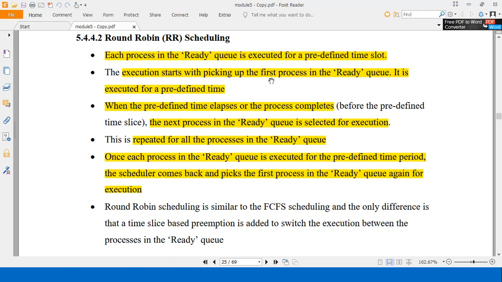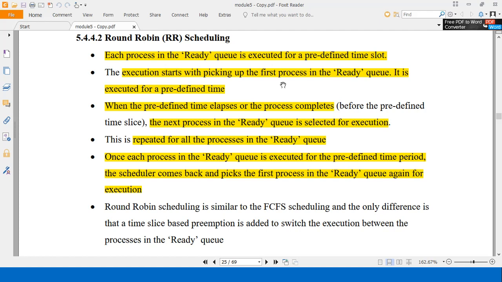Execution starts with picking up the first process in the ready queue. It is executed for the predefined time. Whichever process is at the front of the queue will get the chance. That is the concept of a queue, right? Suppose you go to a movie theater and want to purchase a ticket, so there will be a queue there.